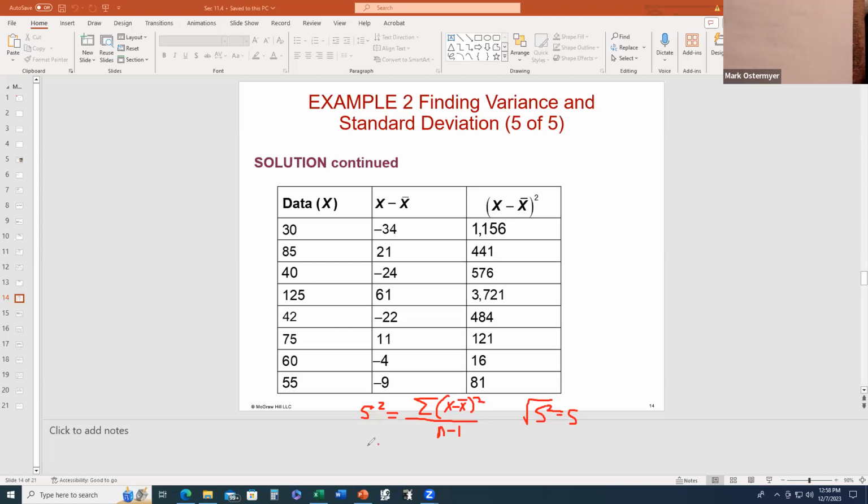And then if you take the positive square root of lowercase sigma squared, you generate the standard deviation of a population, which is just lowercase sigma. But we were referring to these dogs in this group to be just a sample. So we would use s squared for the variance and s for the standard deviation.